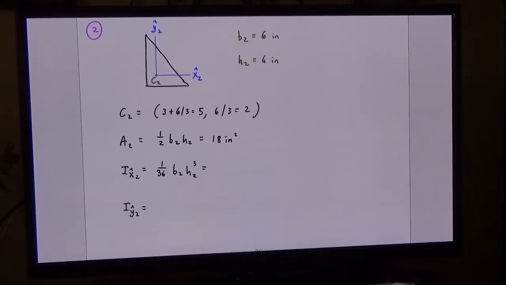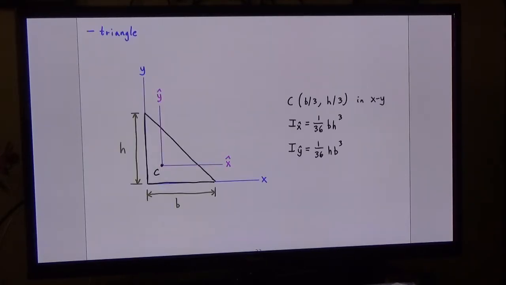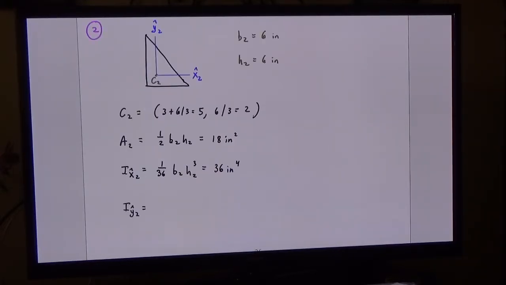That gives me 36 inches to the 4th. For I about y hat, I have 1 over 36 hb cubed. So again, in general, I about x hat and y hat are different numbers, but in this case, since h and b happen to be the same thing, I about x hat and y hat are the same.